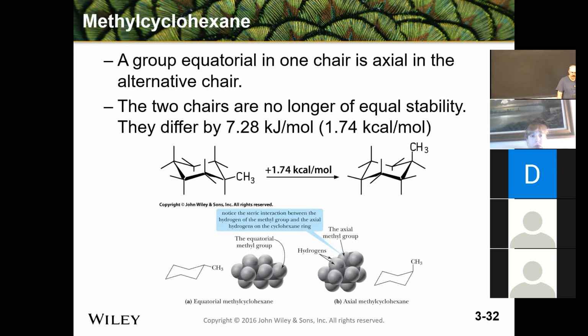When you have a substituted cyclohexane ring, the general rule is there's more room in the equatorial position than there is in the axial. You have a continuous equilibrium between, for example, this methyl being equatorial and being axial.